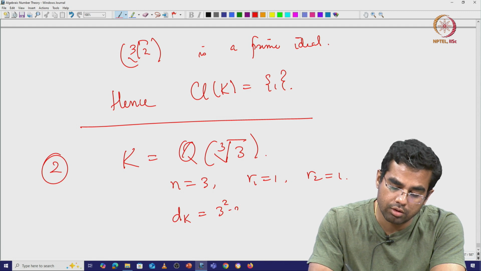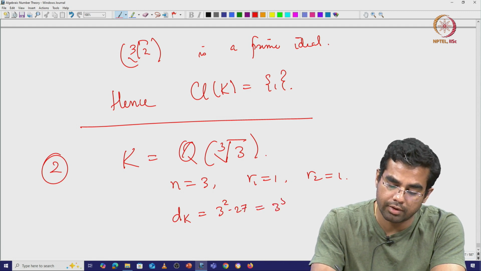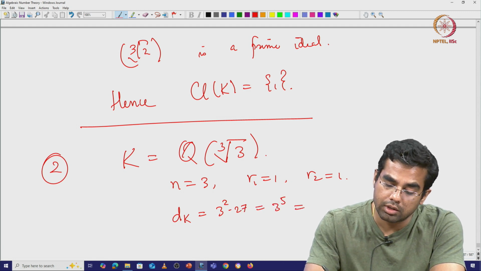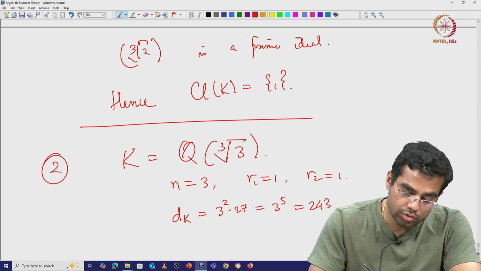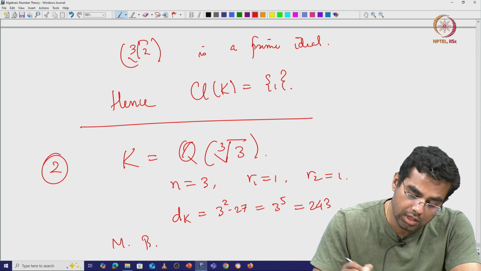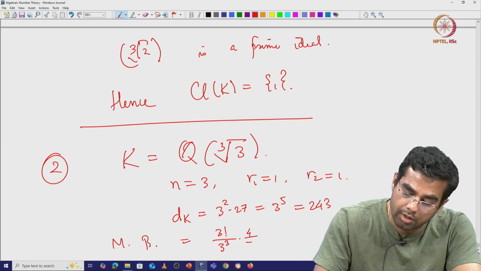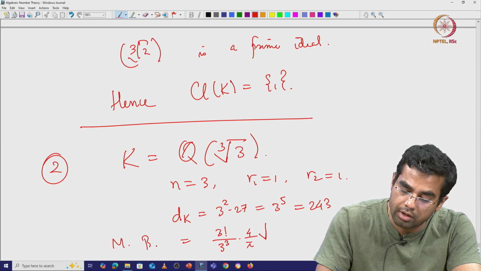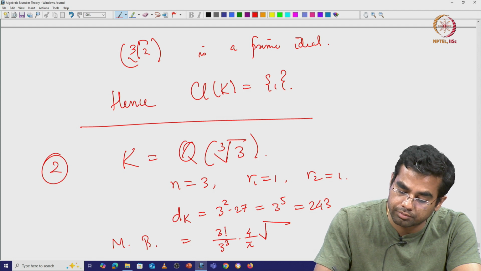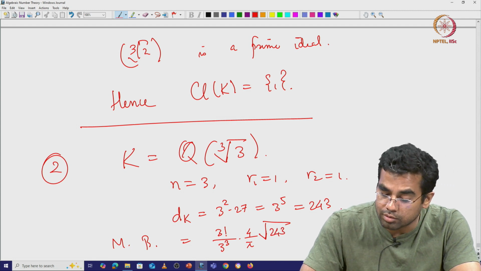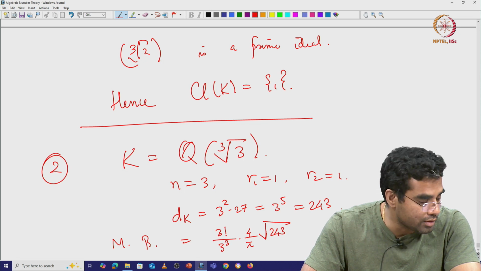So, 3 squared into 27, which is 3 to the 5, which is 81 into 3, which is 243. Okay. So, the Minkowski bound in this case is equal to 3 factorial by 3 cubed times 4 by pi into the square root of 243. So, that is 9 times the square root of 3.